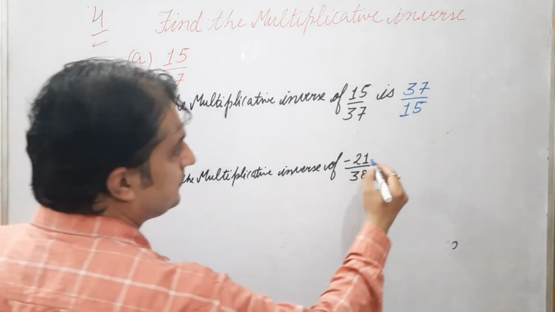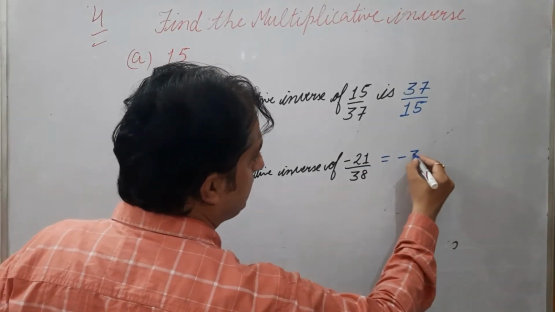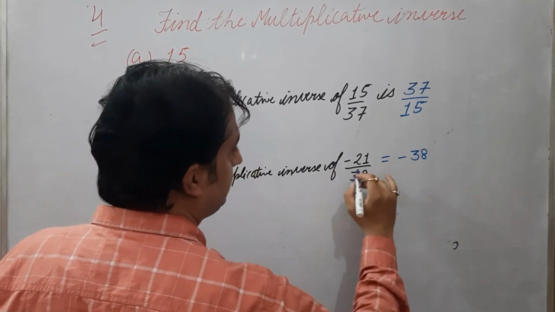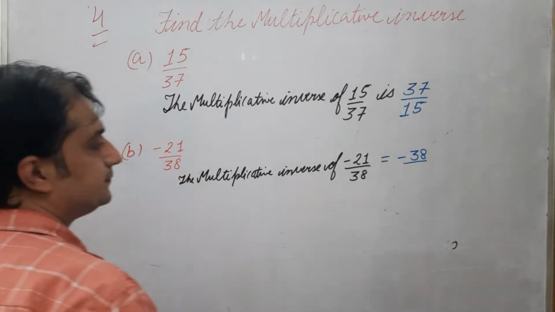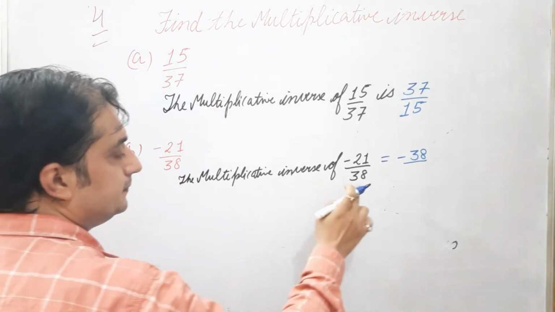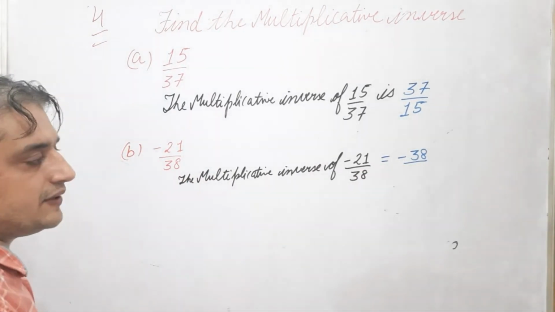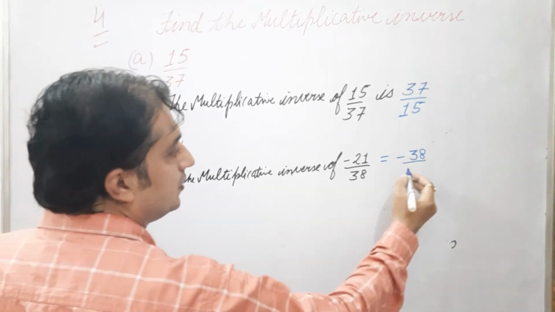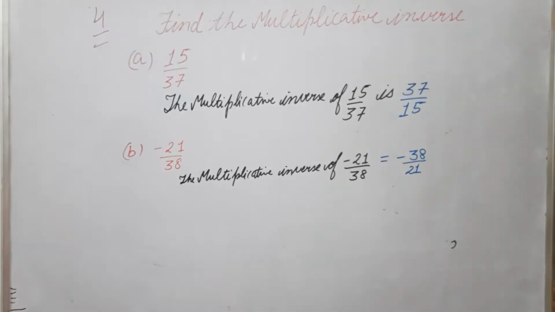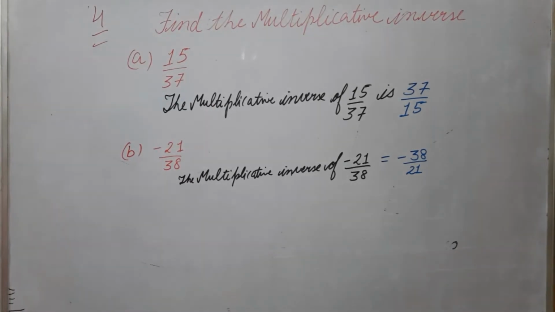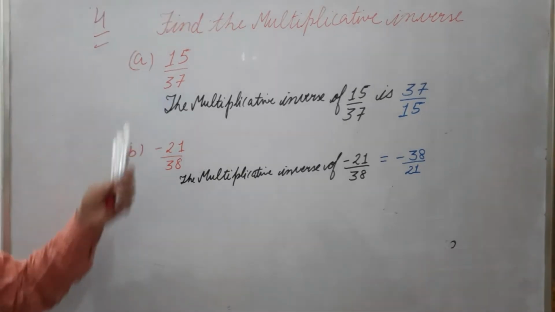So the answer is minus 38. Don't write negative sign with denominator. Always express the denominator of rational number positive. So this will become 21. Minus 38 upon 21.